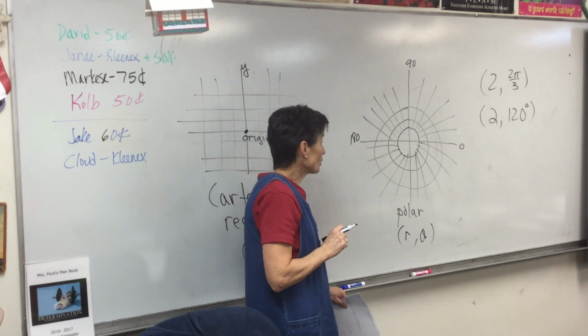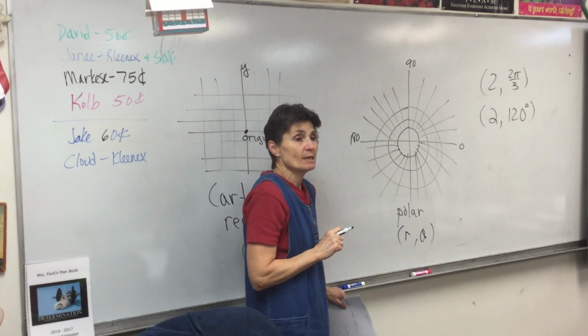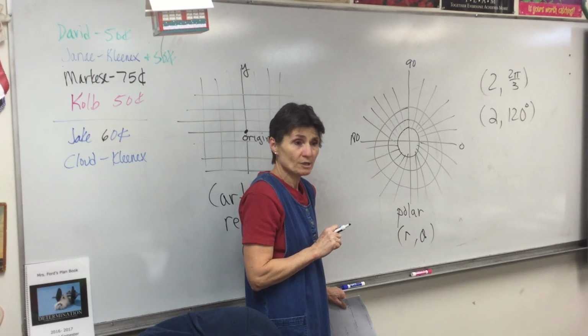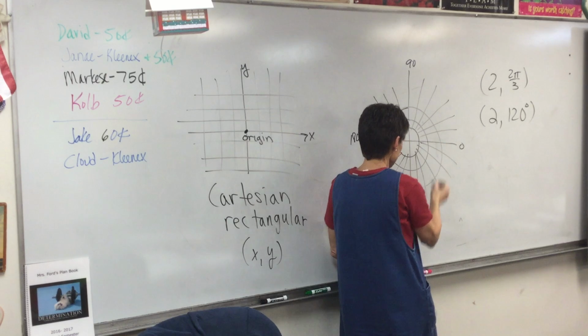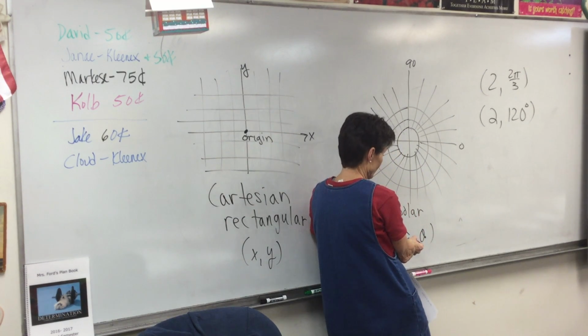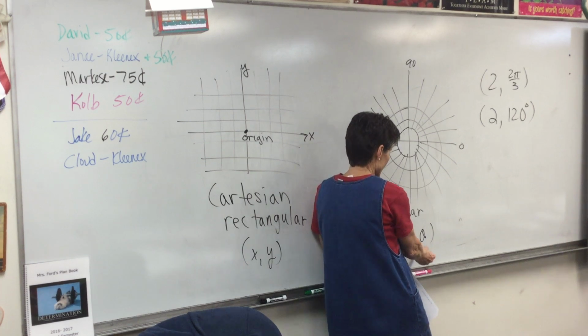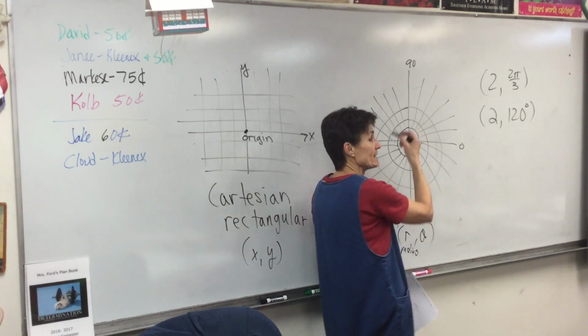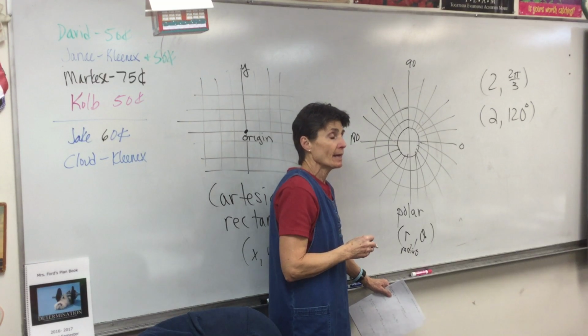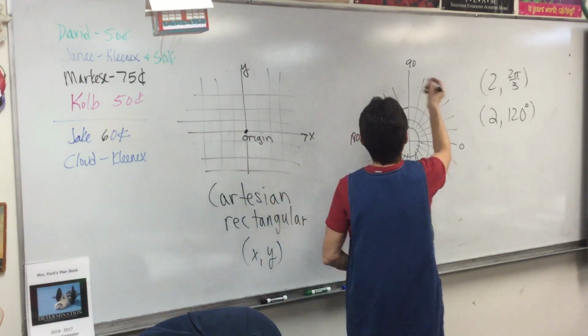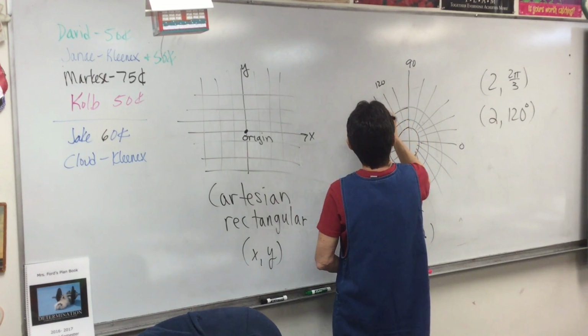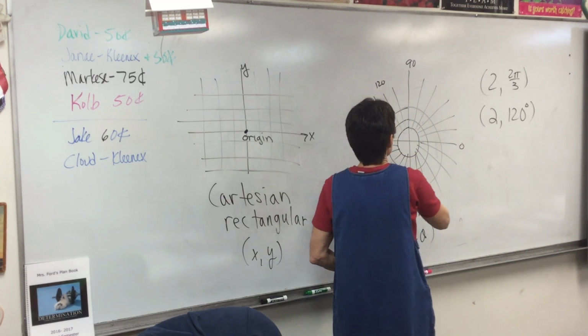So if I am going to plot the point 2 comma 120, the first coordinate is the radius. I'm going to get on the circle with a radius of 2, and I'm going to go 120 degrees. Everything's labeled for you on your graph paper.